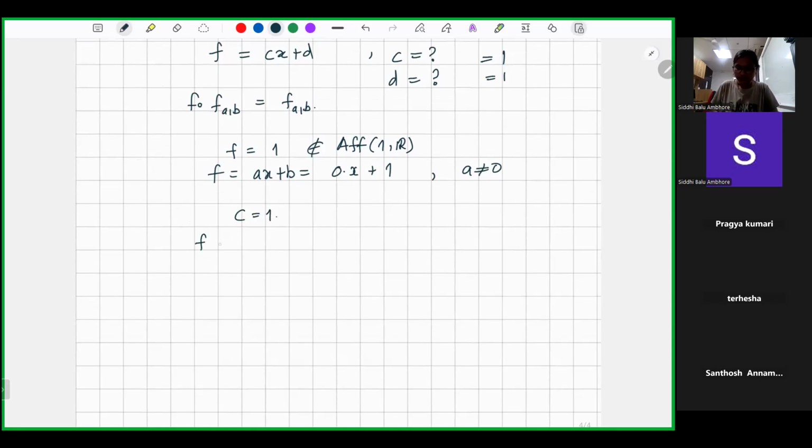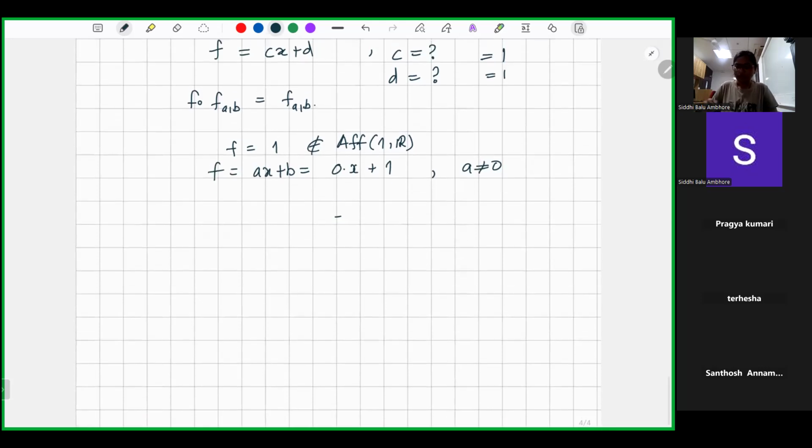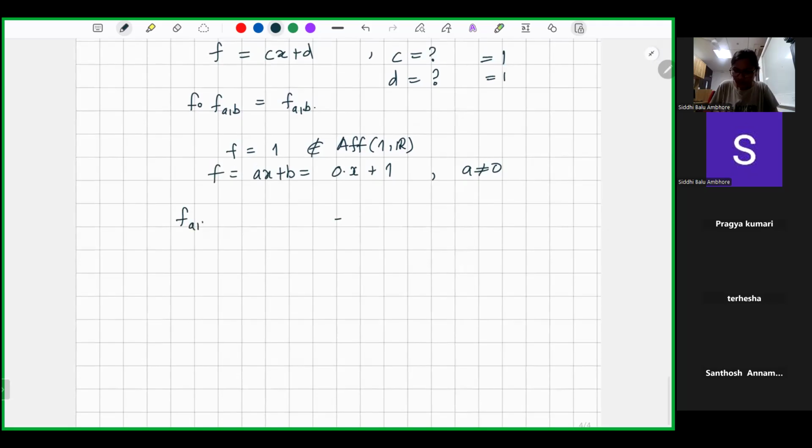So this f is maybe x plus 0. So to go about this, I will just take this f a comma b and compose it with f c comma d, and then it is c a comma cb plus d, if I am correct.